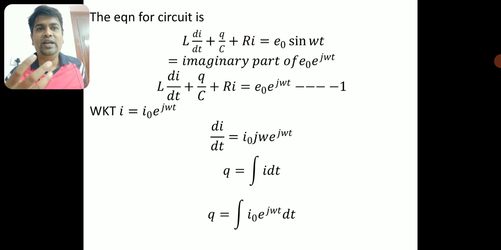Plus the potential across the capacitor: the potential V across the capacitor is Q by C, because Q is equal to V into C. And the drop across the resistor is R into i, from Ohm's law, V is equal to IR.